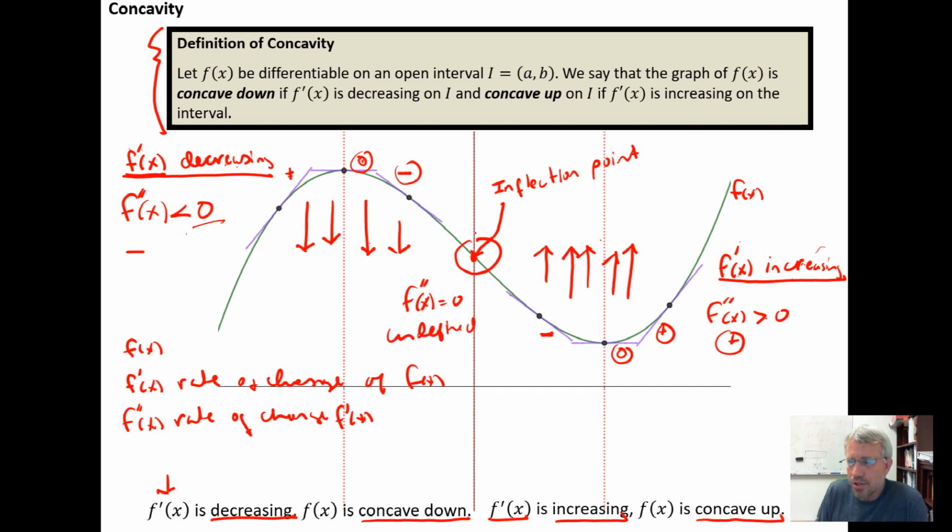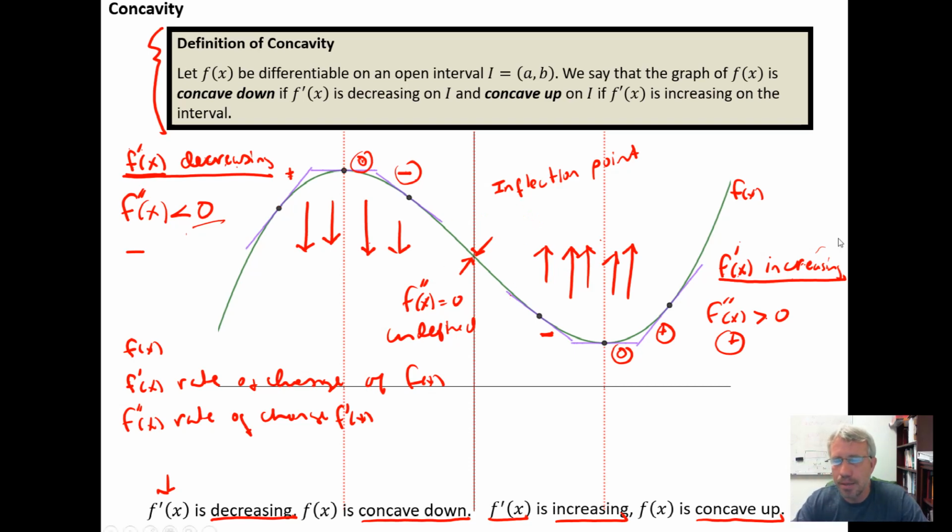So this inflection point on the graph is going to happen one of two ways. This is going to be the place where the second derivative changes from negative to positive, or vice versa. And when it makes that change, the second derivative will either need to be 0 or undefined at that moment of change.